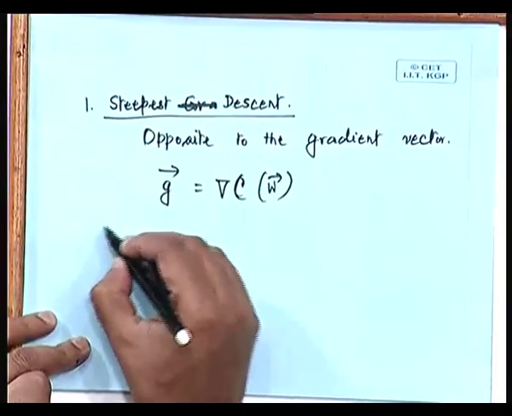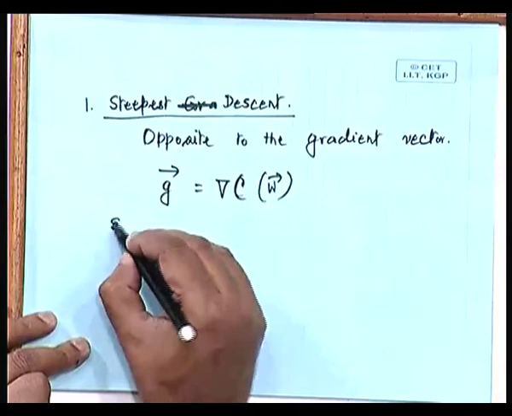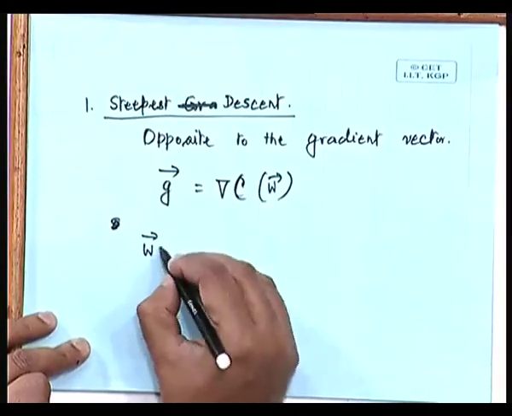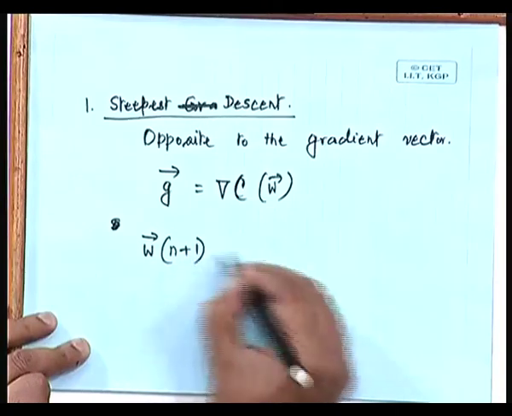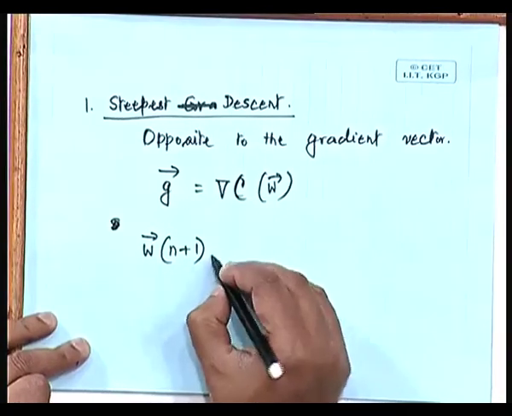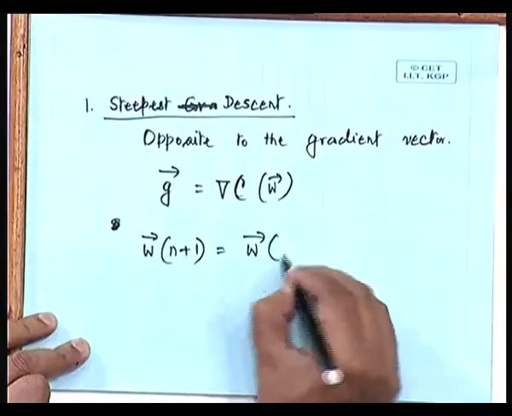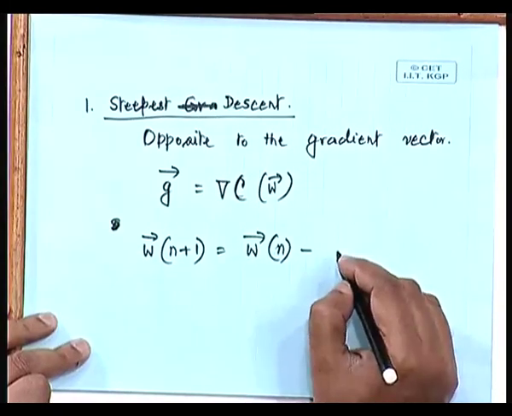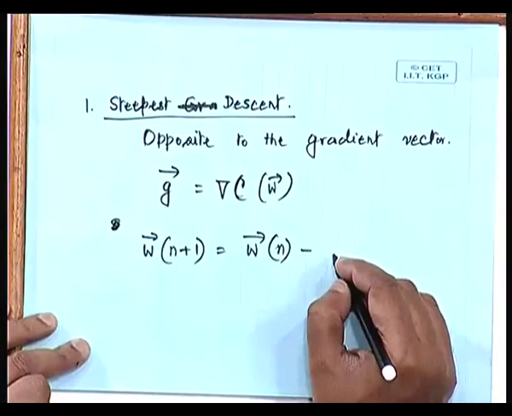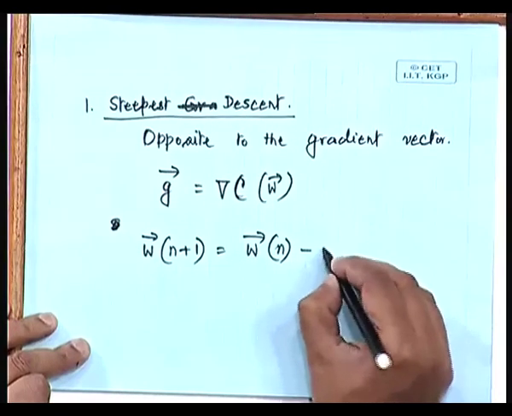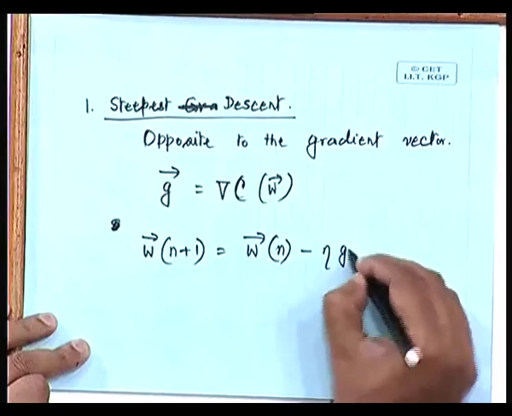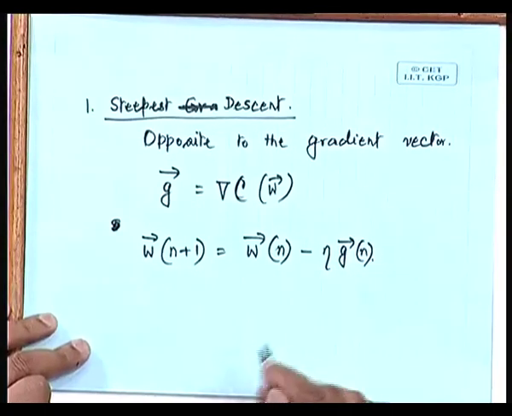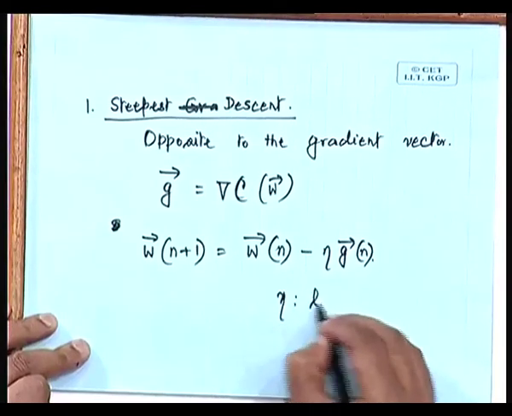Accordingly the steepest descent can be formally described as, the one which we had already discussed, that W at the n plus 1th iteration will be equal to the W at nth iteration minus what, remember? Eta g n, where eta is the learning rate.